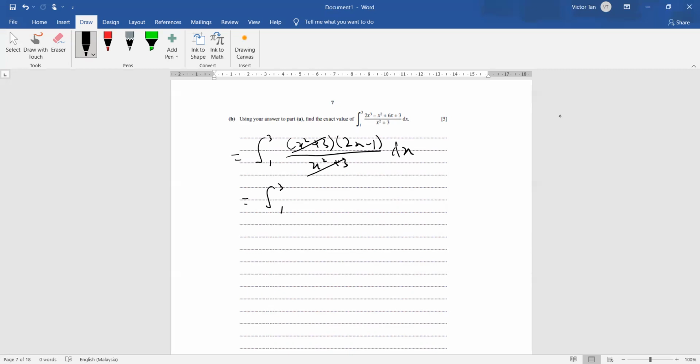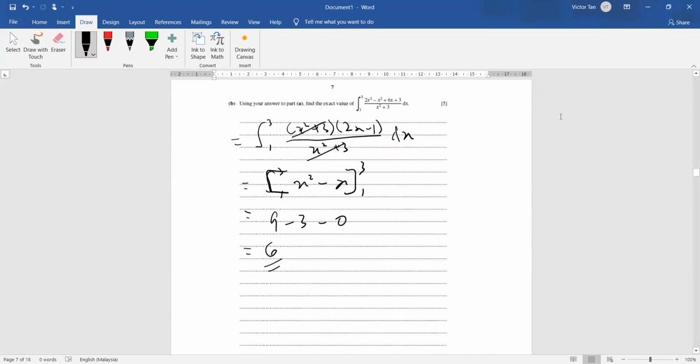So integrating 2x plus 1, you get x squared, minus, 9 minus 3, minus 0, 6. That's your solution.